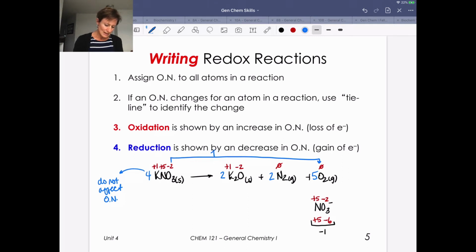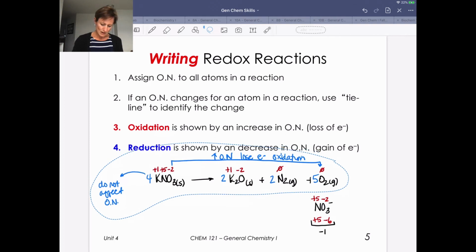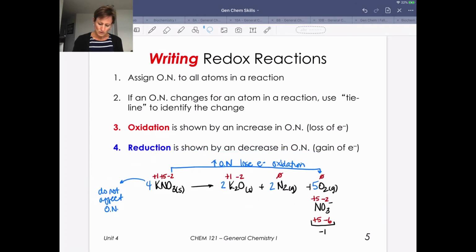So we're going to see an increase in oxidation number with a loss of electrons, and a loss of electrons is oxidation. I'm going to just move my stuff down here just a little bit so that I'm not writing over my words there. Okay, so we're going to tie those 2 oxygen atoms together that are changing in oxidation number.